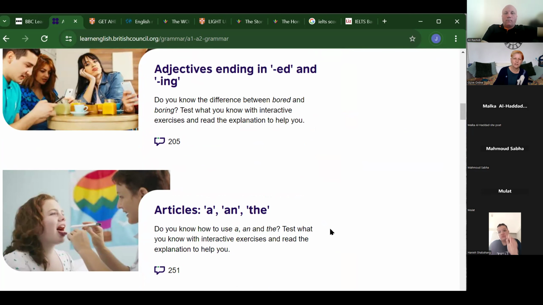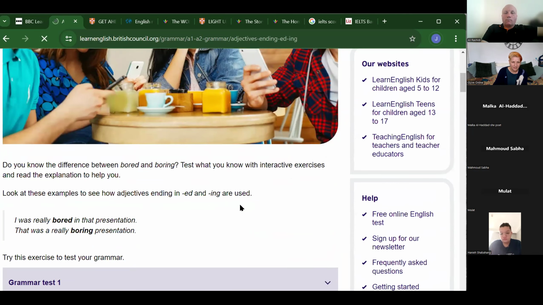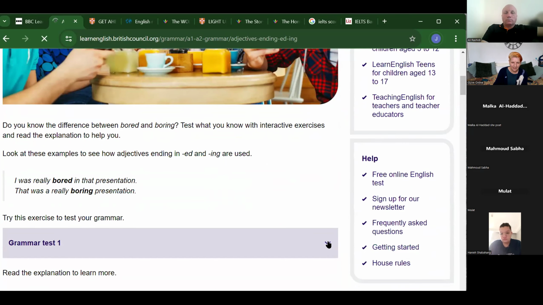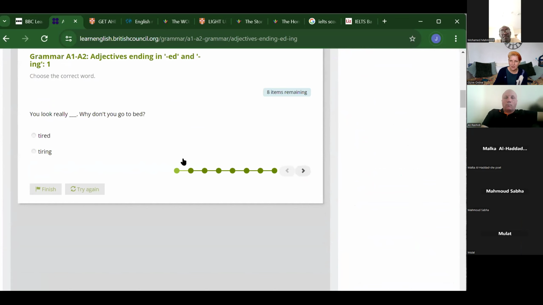So your first challenge is to do a review. How many of level A1 to A2 do you know? When you go in, there's examples and a way to test your understanding. All right, so go through the test and you will get a score at the end.